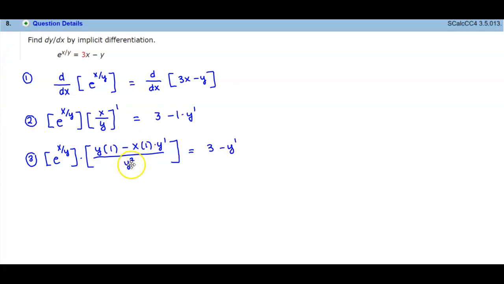Okay, so let's simplify what we just did with the quotient rule. We have e to the x over y, and then when we simplify, we get y over y squared minus x times y prime over y squared, and that's equal to 3 minus y prime.